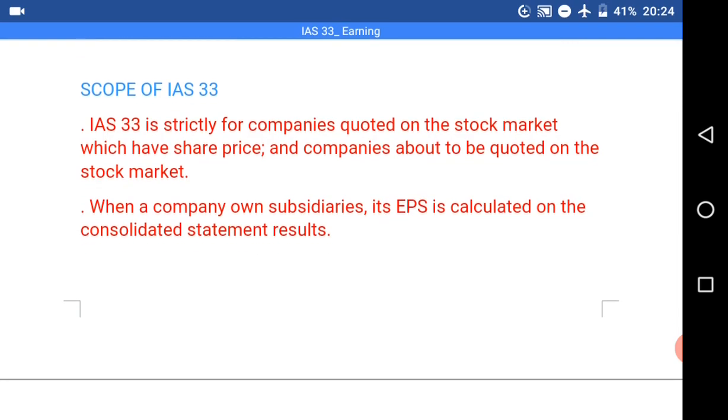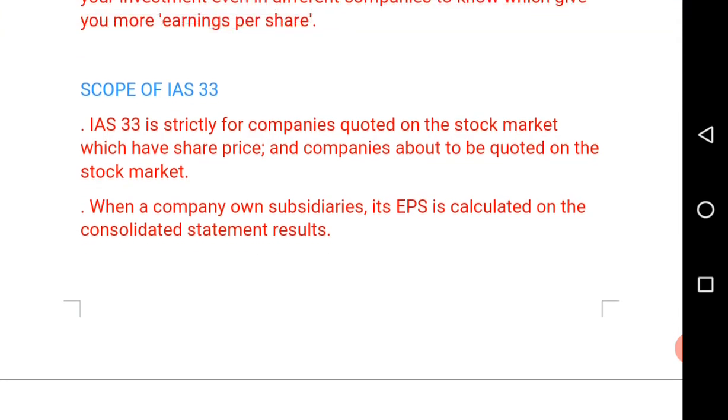Subsidiaries, as we already know before we go into this lesson, are companies owned by parent companies where the percentage of ownership of the parent company in the subsidiary is greater than 51%. 51% ownership of the shares of a company by another company indicates that the company that is owned is a subsidiary to the company that has over 51% of the shares.